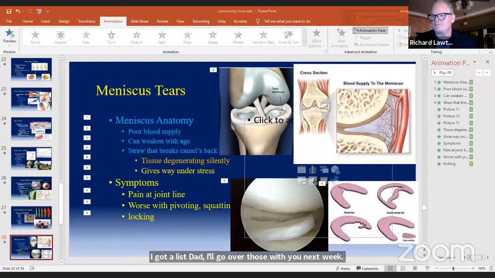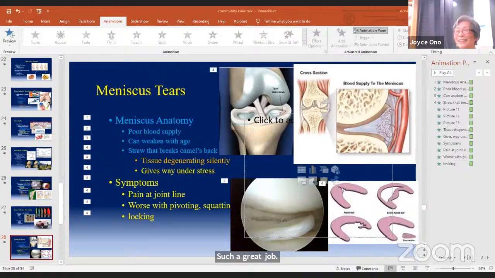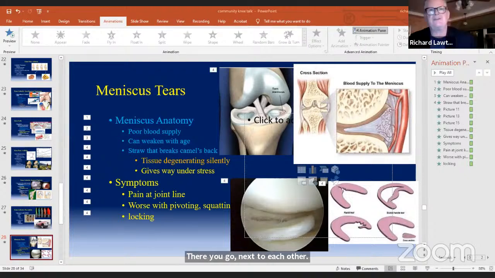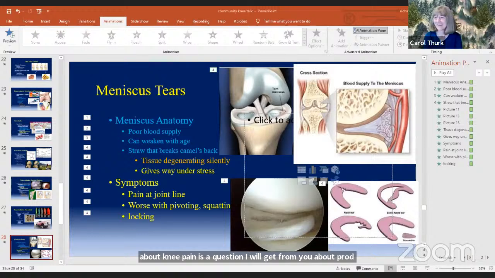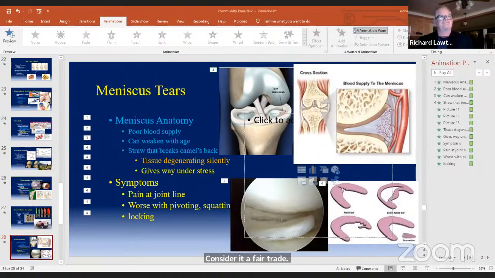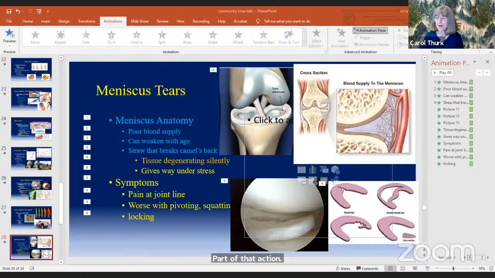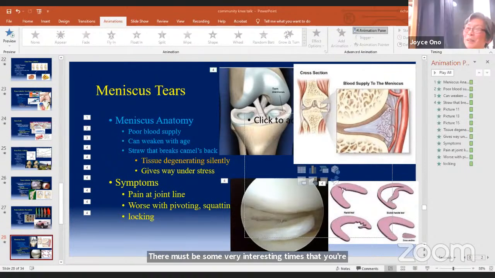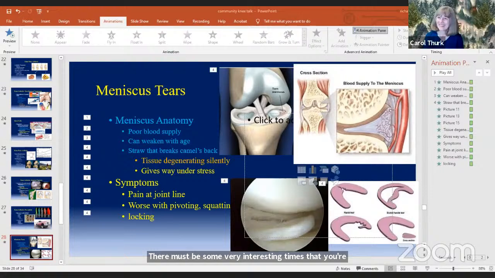But he did such a great job. Every question I don't ask you about knee pain is a question I won't get from you about prostate problems and colonoscopy. So I'll consider it a fair trade. I want no part of that action. There must be some very interesting times at your house when you're all together. I pity your mom and your wife. That's probably when your mom goes out to the garden and says, I'm out of here. Okay, well, thank you again so much.